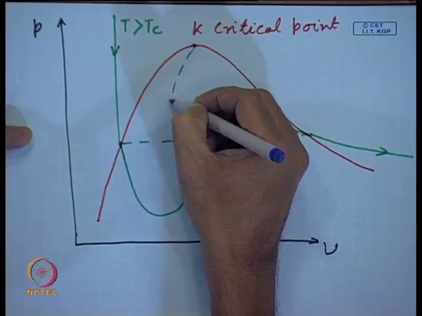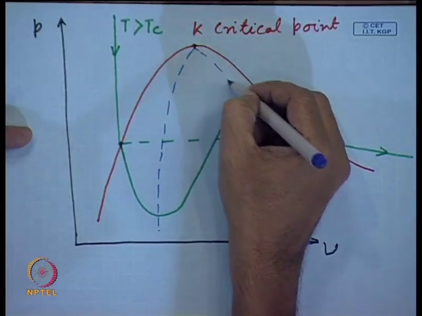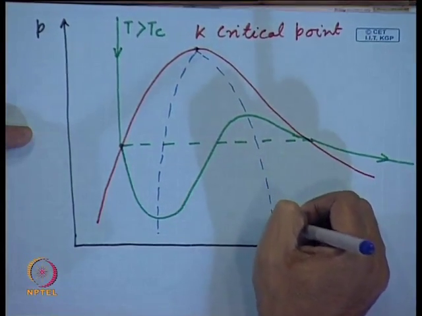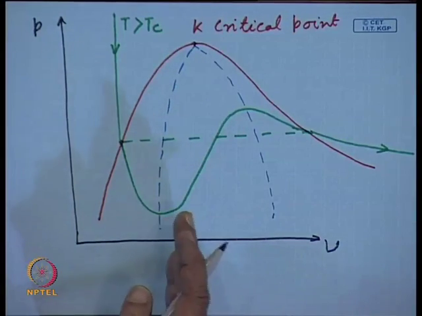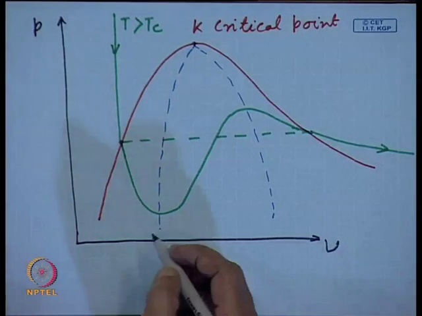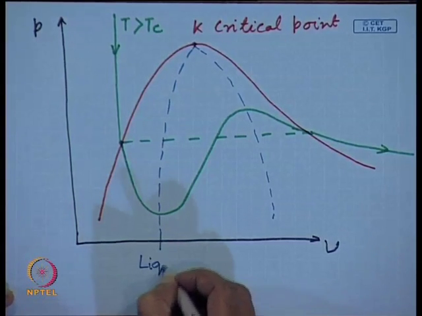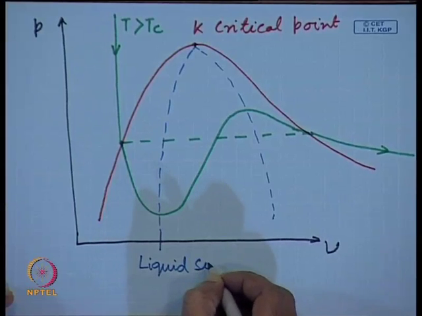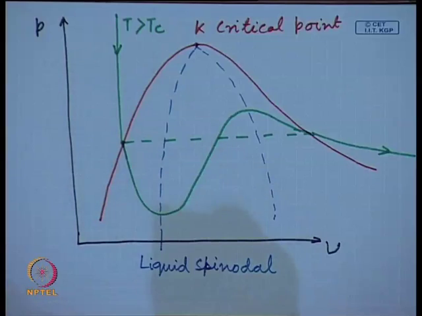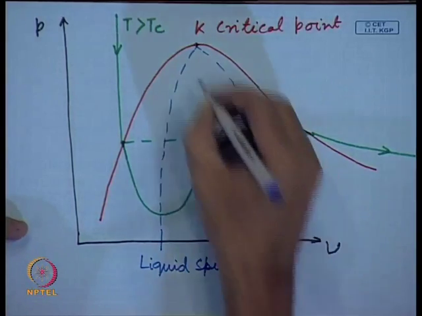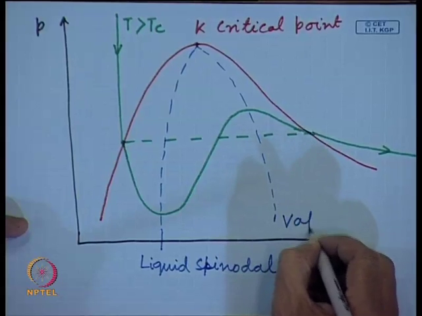Now, we can see that there are two extreme points in this curve. Now, the blue line which I have drawn towards the left side, this is called the liquid spinodal, and the other blue broken line is called the vapor spinodal.